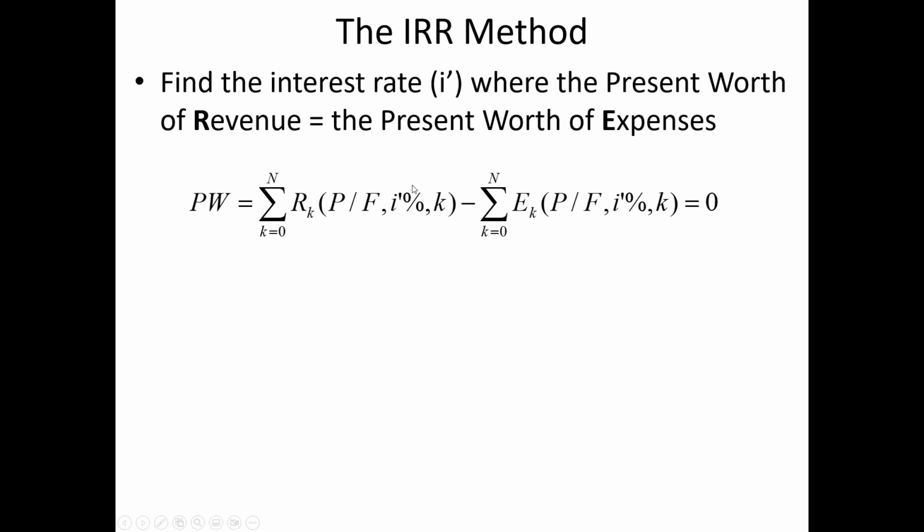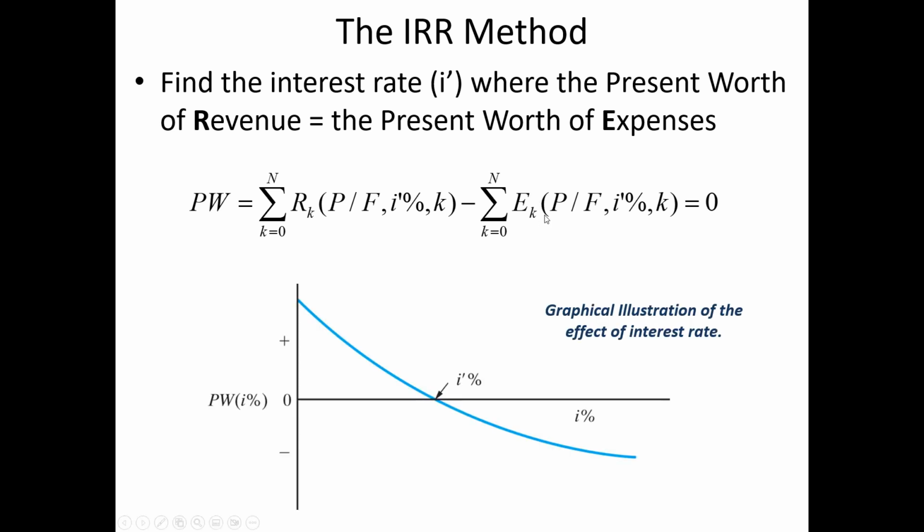And the interest rate that makes the revenue and the expenses equal to 0 is the internal rate of return. So you'll notice that all of the revenue amounts, years 0 through year n, you're finding the present value of each of these individual future amounts. And we're doing the same thing with the expenses. And so balance between inflow and outflow is the internal rate of return.